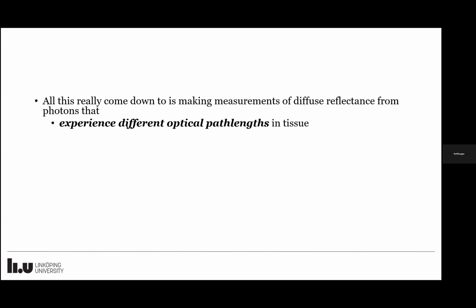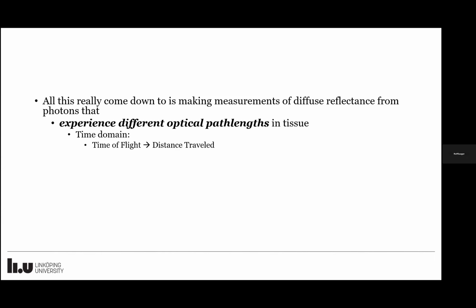So with these different techniques, the way they have the different measurements of reflectance essentially is by having these measurements experience different path lengths in tissue, is one way to think about it. It's this thing that Bruce Stronger used to refer to as differential reflectance. And so in the time domain, you can think of it as time of flight of the photon within the tissue is related to the distance it travels.